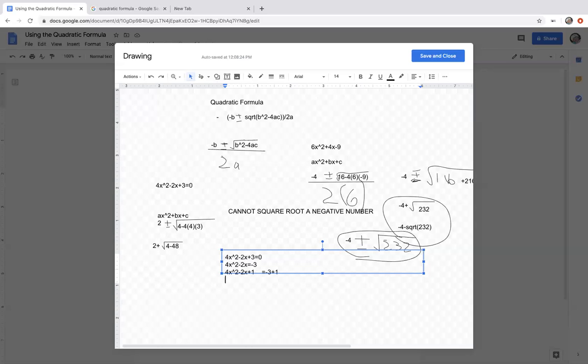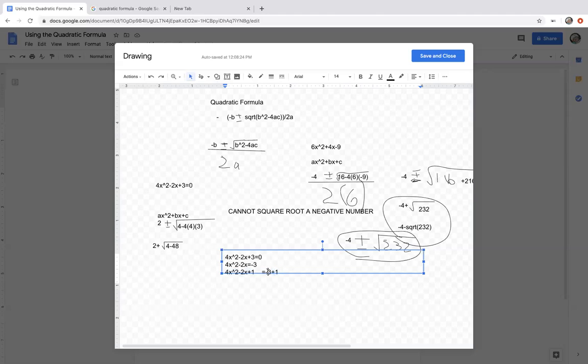Now that we have that, you can think of two numbers that add up to 4 and multiply out to negative 2. And of course, there are no two numbers like that. And if you look on this side, you get negative 3 plus 1, that is negative 2.